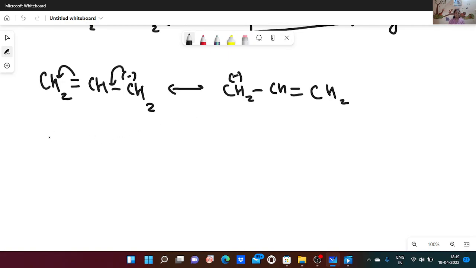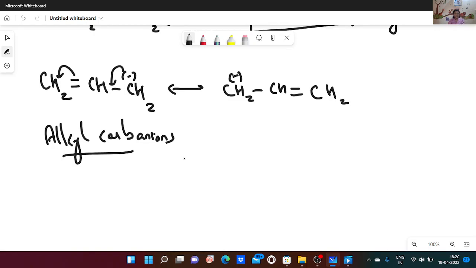Okay, then regarding stability of alkyl carbanions, how was it for carbocations? When we discussed the stability of carbocations, it was tertiary greater than secondary greater than primary, because as the electron releasing inductive effect increases, stability increases. But here, whenever the number of electron releasing groups increases, stability decreases.